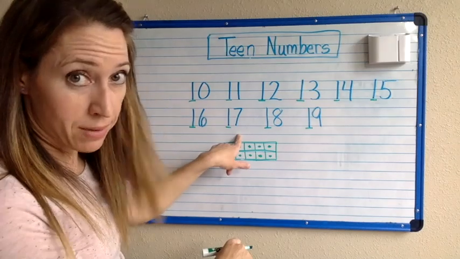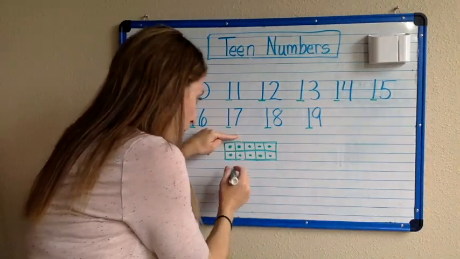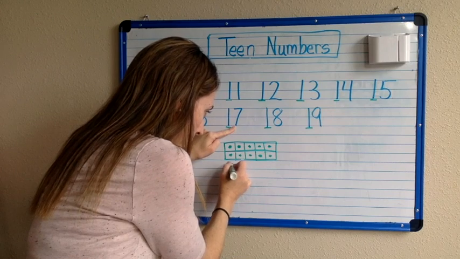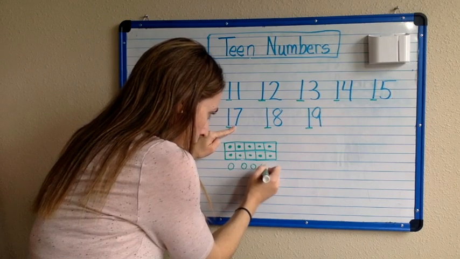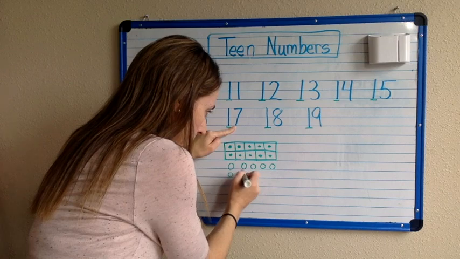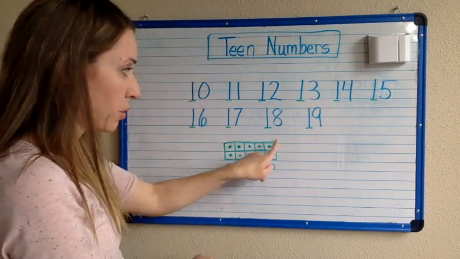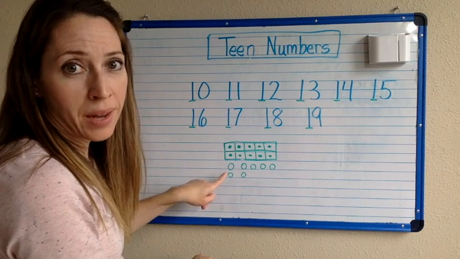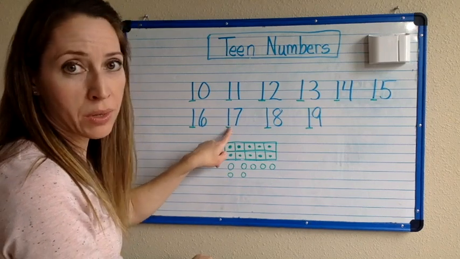You could see the number 7 here. That's what I'm drawing right now, in case you were confused. Okay, so I have 7 ones I'm drawing. 1, 2, 3, 4, 5, 6, 7. So I have a group of 10, right? And some ones. Okay, that makes the number 17.